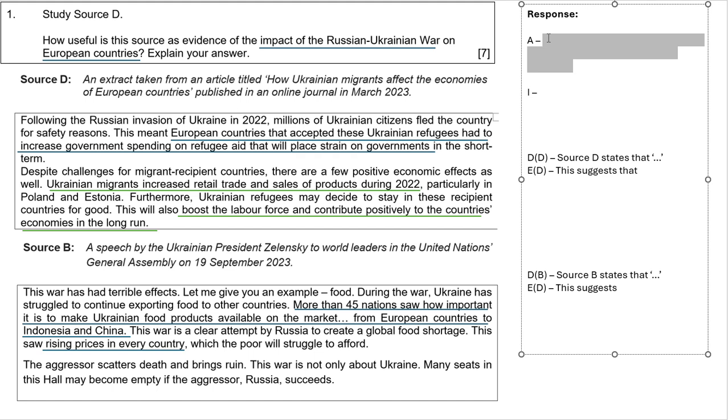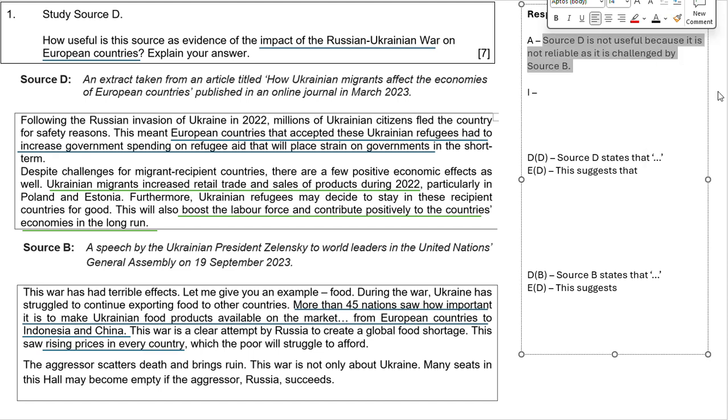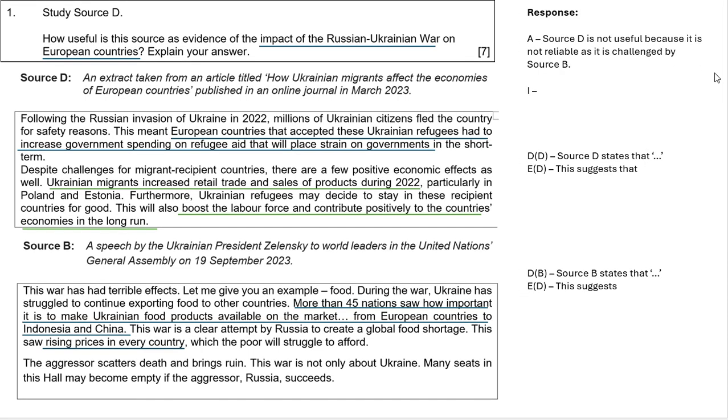If you want to focus on the green part, you realize that source D is not useful because it's not reliable, because it's challenged by B. Because I'm using the blue part versus the green part, right? So clearly source B challenges the main source, which is source D.